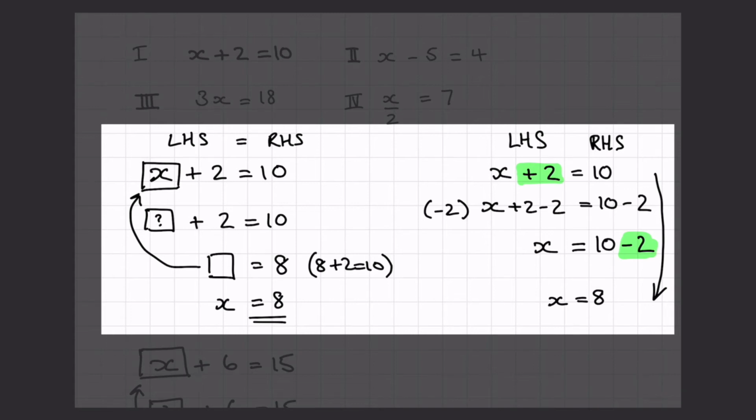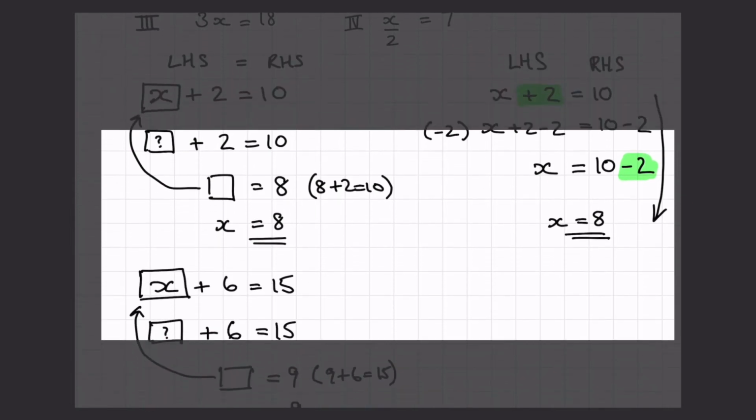It's gone from +2 to -2. And that is what we're referring to as transposing, the moving of one term in an equation from one side of the equation to the other side. So the 2 has gone from +2 to -2. And of course, 10 subtract 2 is equal to 8. And there's our answer.